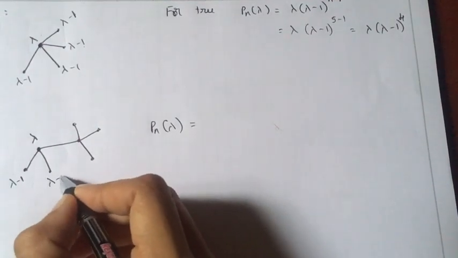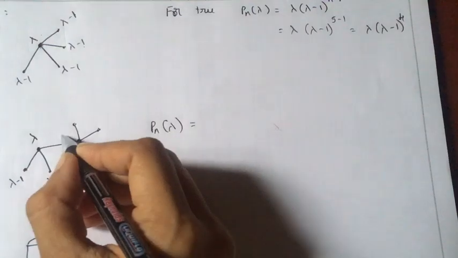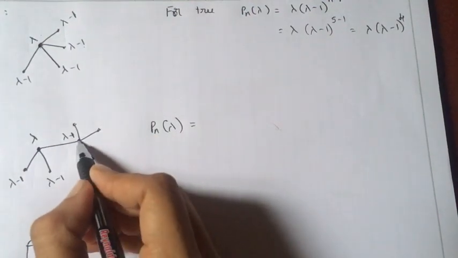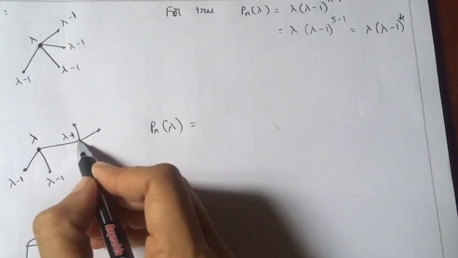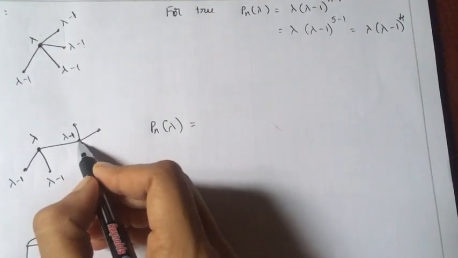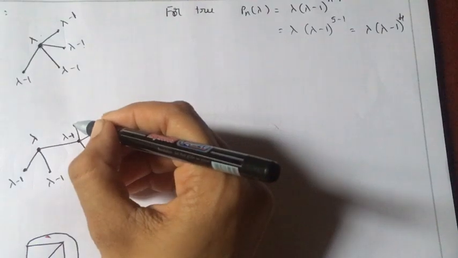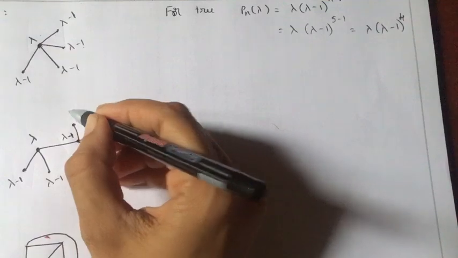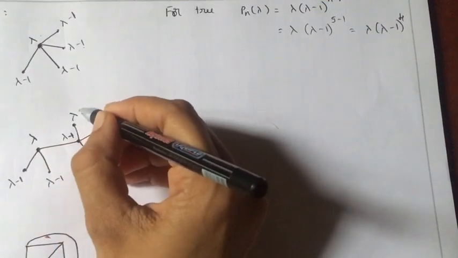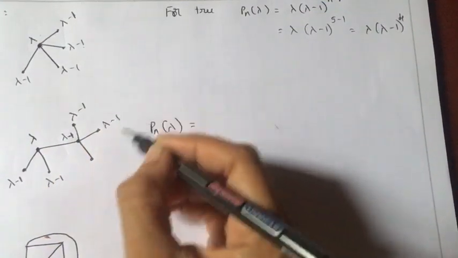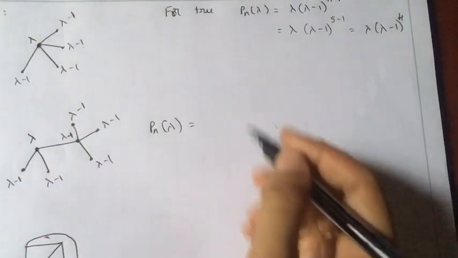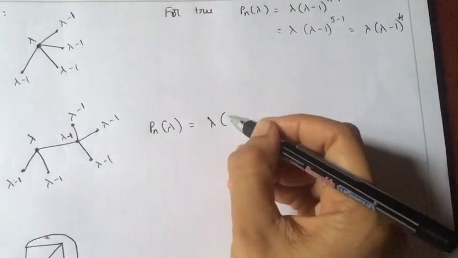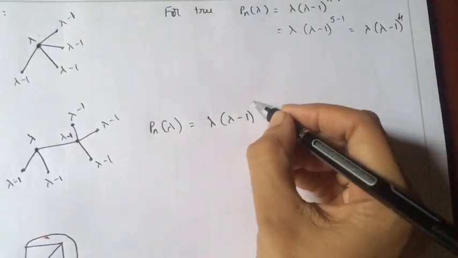Even this, when I come to this, again has got one less, because I cannot give the same color. These two should not be the same. So this vertex has got lambda minus 1 options. But when I come to this vertex, I cannot give the same color as this, but I can give this color. So this again has got lambda minus 1 options, lambda minus 1 options, lambda minus 1 options. So in total, lambda into lambda minus 1 power 6.